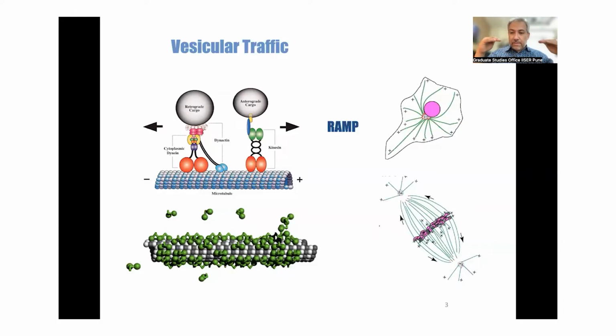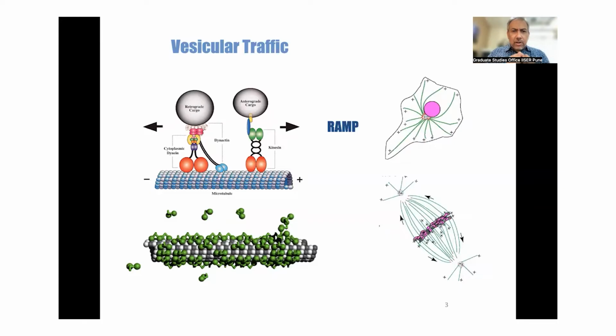People have done studies where they have actually seen real motor proteins, which are labeled when they walk on microtubule strands, that they pause, they jiggle around each other and then move past, or they get trapped sometimes because of the molecular crowding. So it's not like the motor proteins have open roads. The highways in the cell are also likely as crowded as the highways out here in Pune.